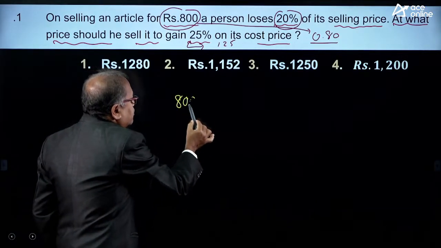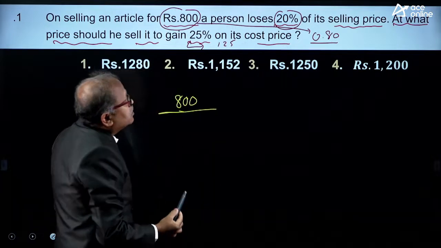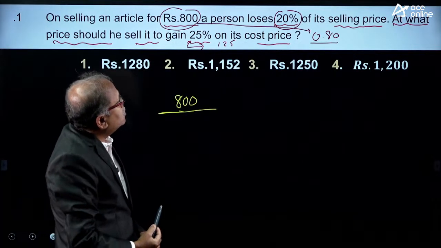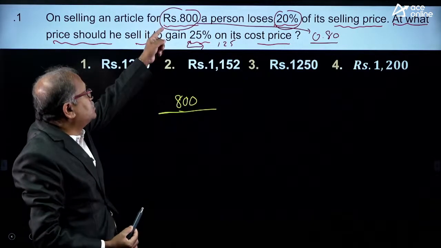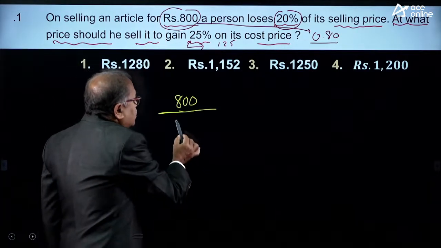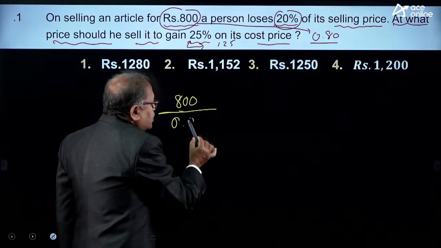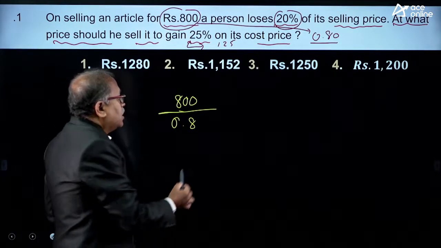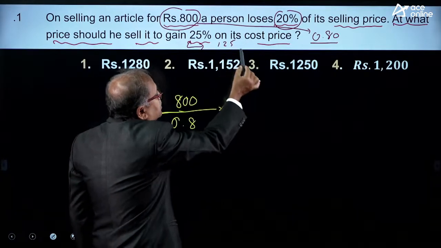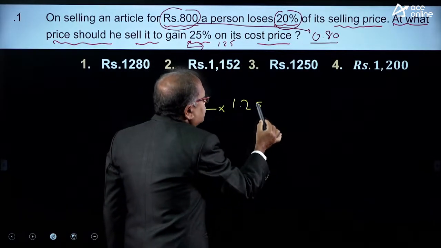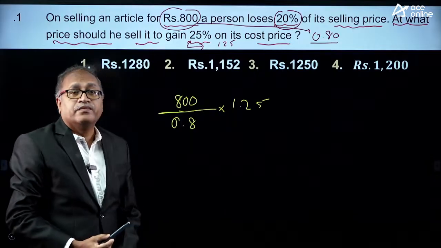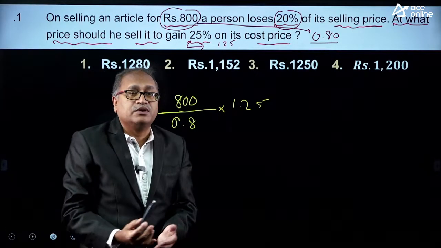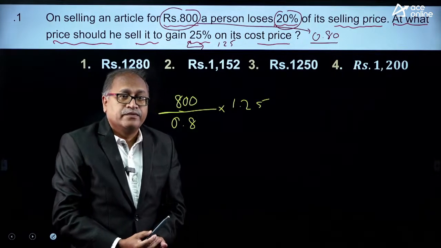There's 800, which is a loss of 20% on the selling price. So what I can do is divide this by 0.8. You are getting 1%. And here I need 125%. Multiply it by 125, placing the decimal over here.